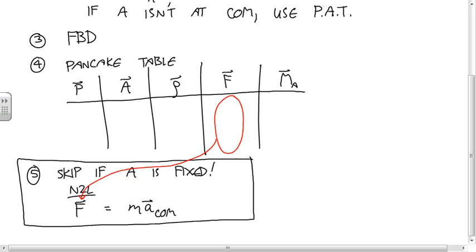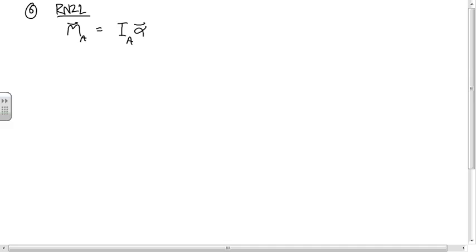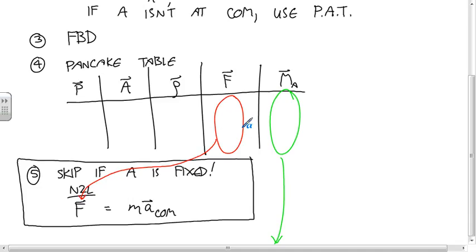And for this one, you get all of the moments from the moment column of the table. So you can see where that table is helpful in these problems. The table gives you the moments and the forces. It just has them all listed out right there.